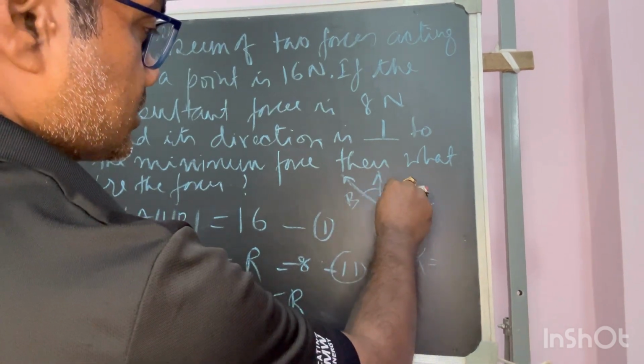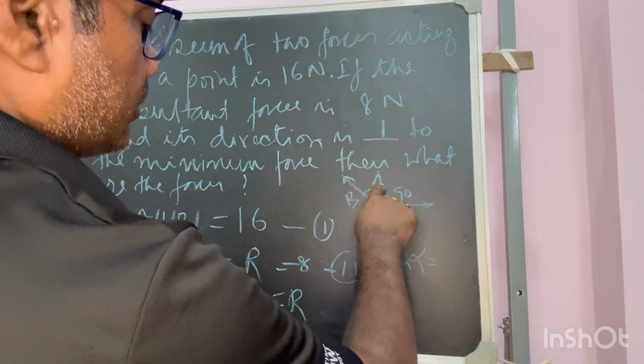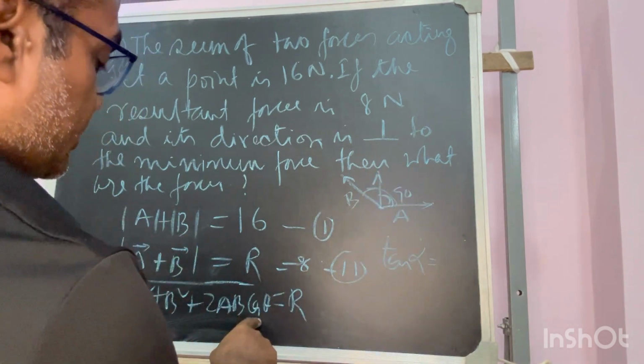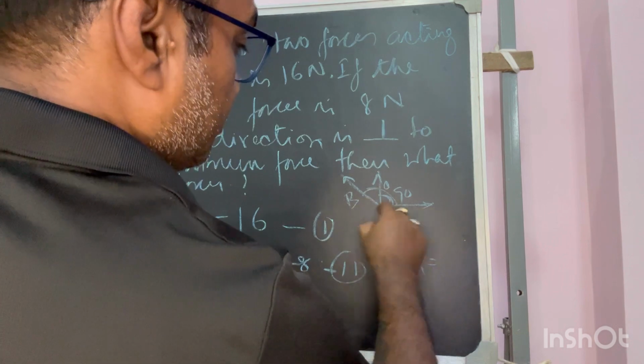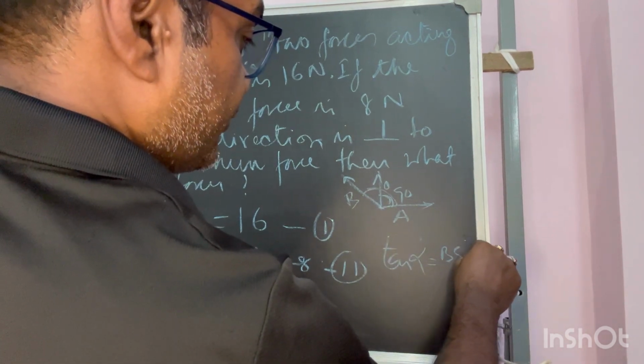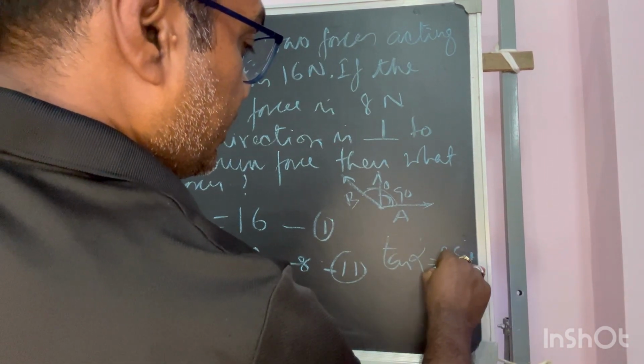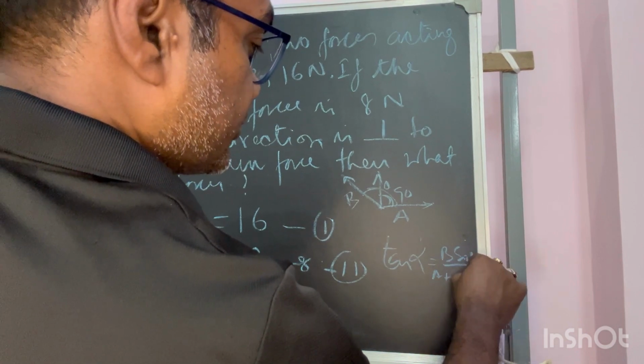This is the theta that we have considered here. So tan alpha is equal to what? B sine theta divided by A plus B cos theta.